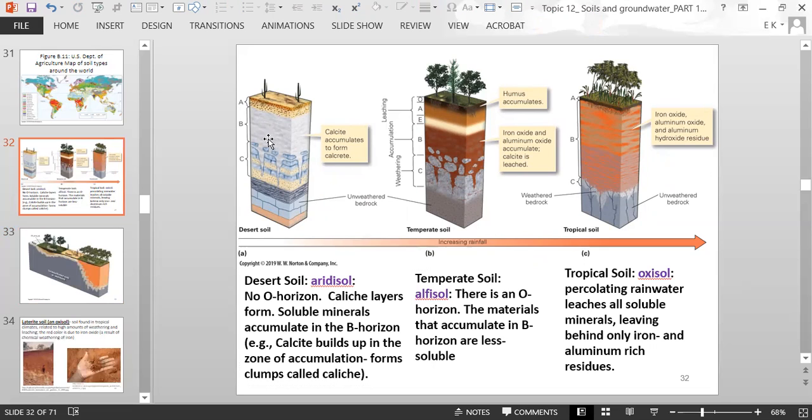Caliche layers form. Caliche is calcite, calcium carbonate that builds up in the zone of accumulation. It's like a crusty clumping of calcium carbonate that builds up in the soil. So that's caliche. Okay, and you see your topsoil layer is pretty thin.